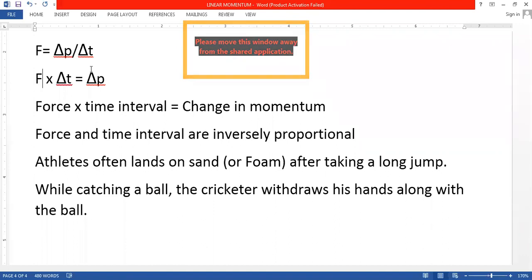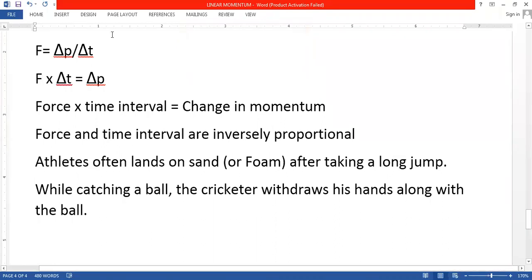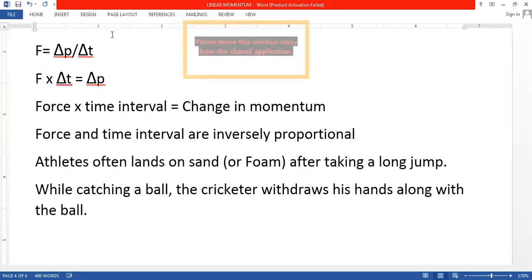Either by applying less force for a longer duration of time, or by applying more force for a very short duration of time. But obviously, if you apply more force for a short duration of time, that may break the glass. So we prefer to increase the time interval. How do you increase the time interval?